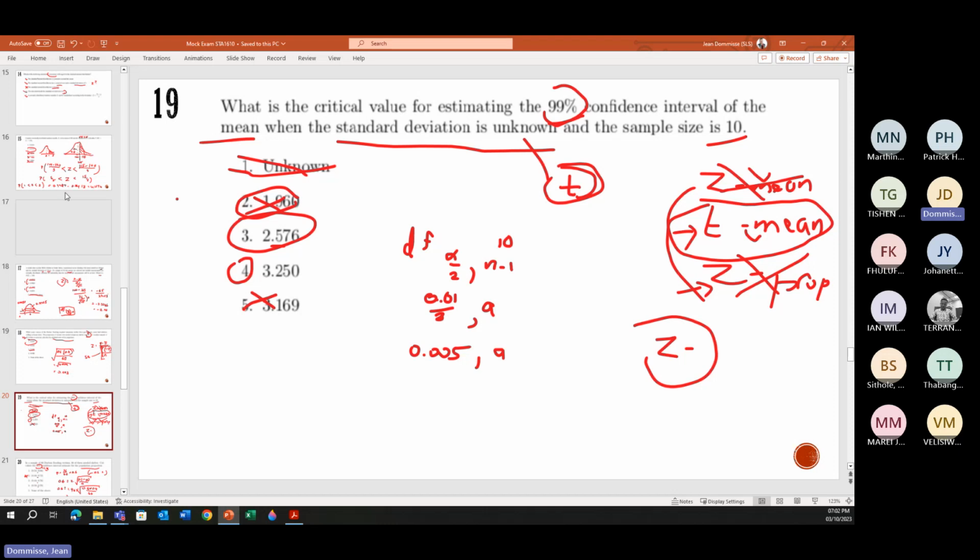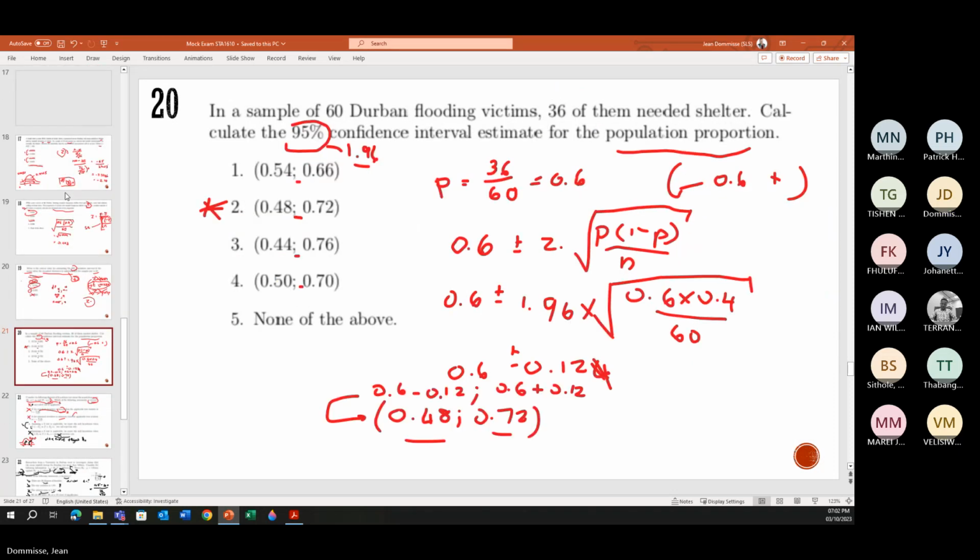Here, you need to go straight to the tables, so again, probably would not have used Excel. I might have used Excel with a confidence interval that was pre-set up.